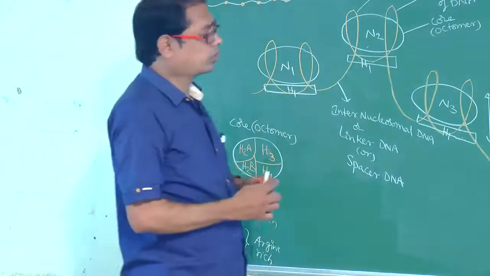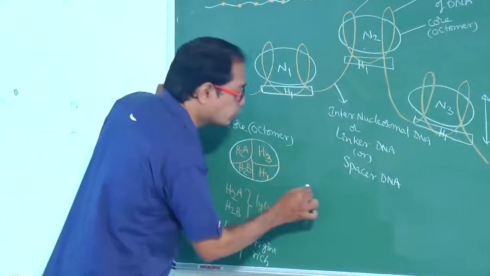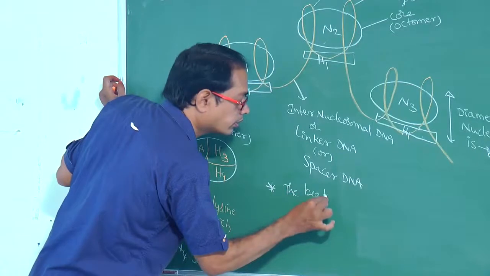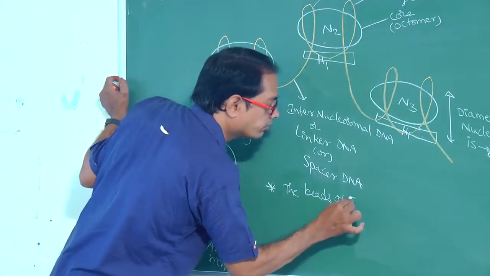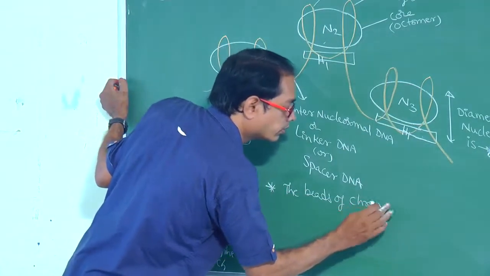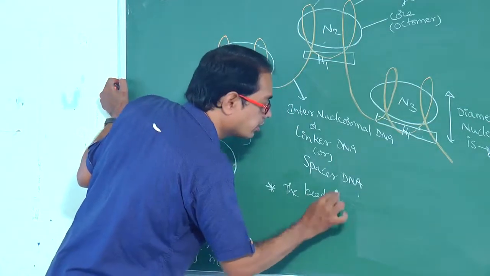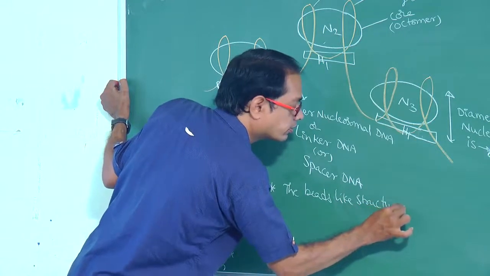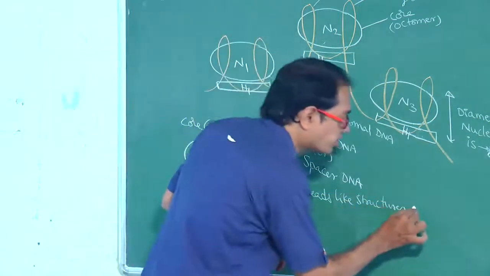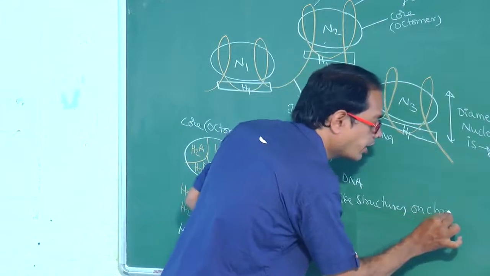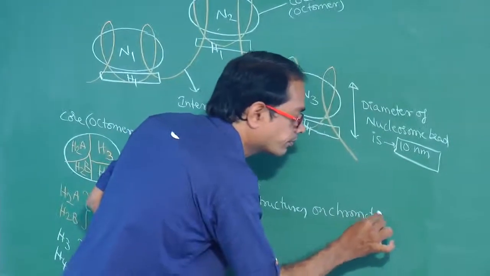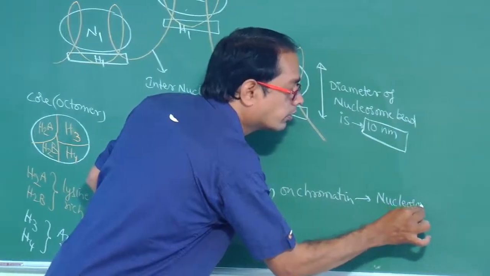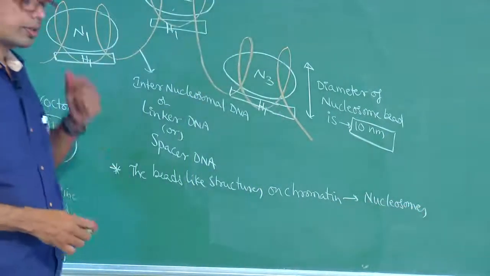Okay, so what are nucleosomes? The bead-like structures on chromatin are called nucleosomes.